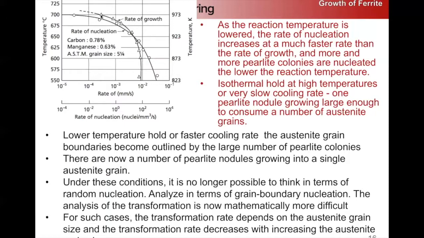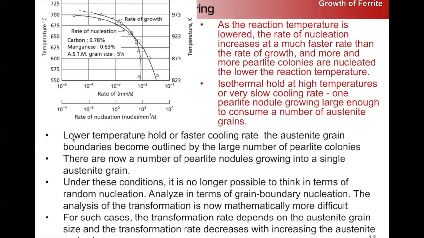And so we get one large pearlite colony, basically, that will consume an entire prior austenite grain if it's hypereutectoid. If it's hypoeutectoid and we don't have grain boundary cementite, one pearlite colony can actually consume a number of austenite grains.